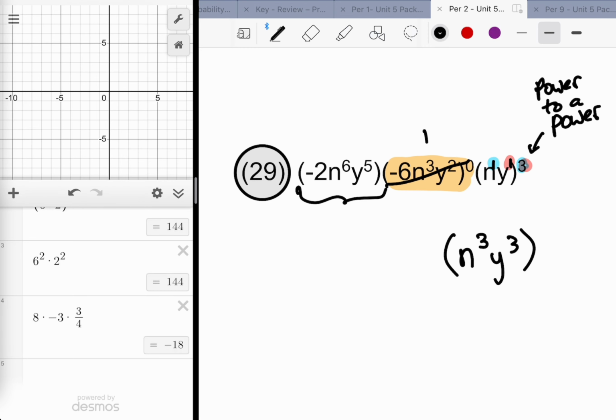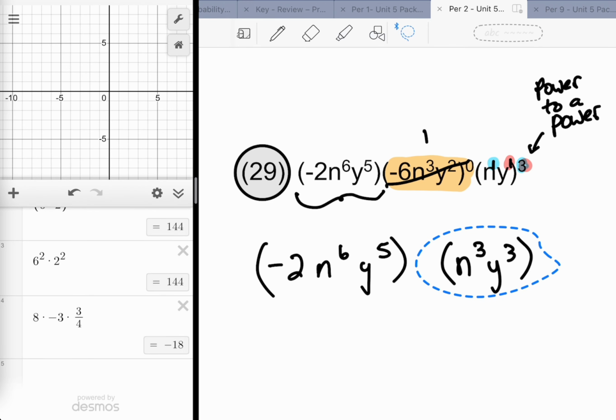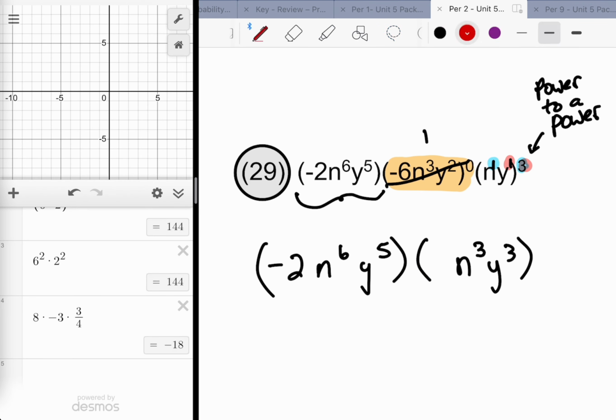This expression is not raised to a power, at least on the outside of the parentheses. So the best I could do is just rewrite this one. So it's negative 2. I could write it as negative 2 to the first, but there's no other coefficients, so I'm not really worried about that. All right, negative 2, n to the 6th, y to the 5th is going to get multiplied by, well, there's really an assumed 1 in front of the n to the third, y to the third.